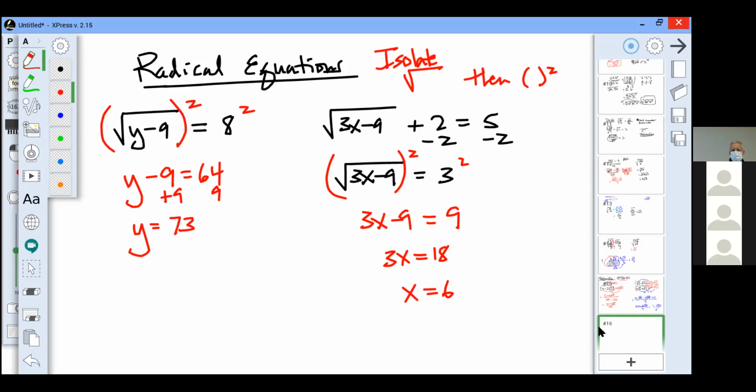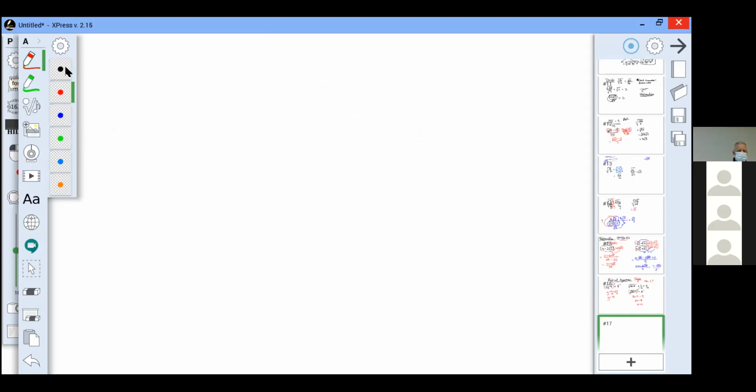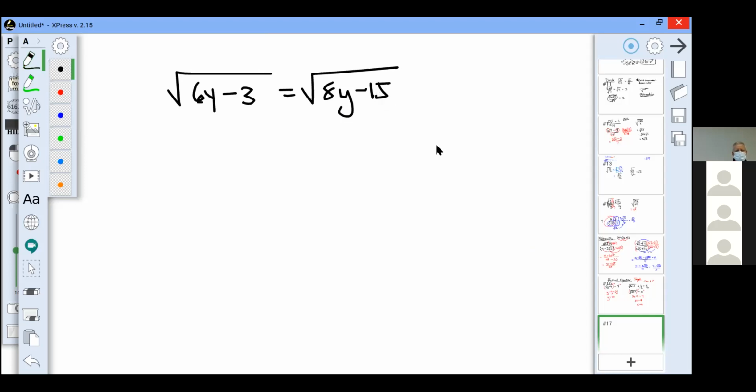If you have radicals on both sides, that's also equally as simple. That too is just square, so it eliminates the radical.